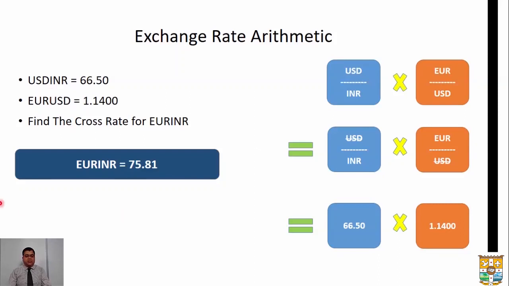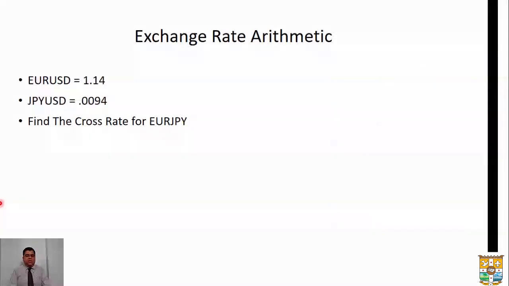Okay, so that is relatively simpler, and we have another variation wherein the cancellation will not be so easy. So let us look at that. Here we have the quotations for Euro USD and JPY USD. So Euro USD is 1.14 and Japanese Yen USD is quoted as 0.0094.